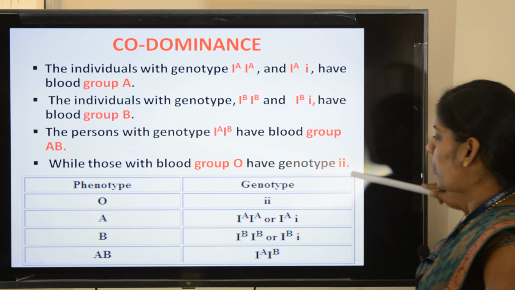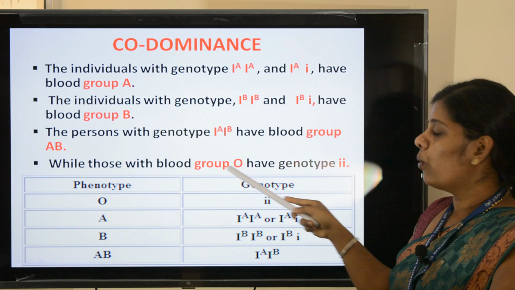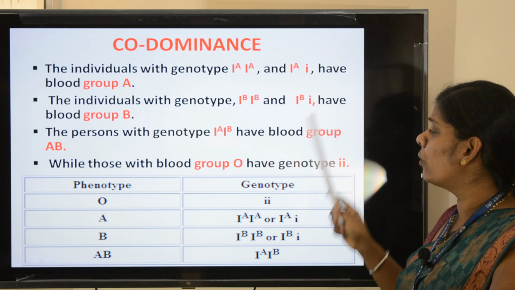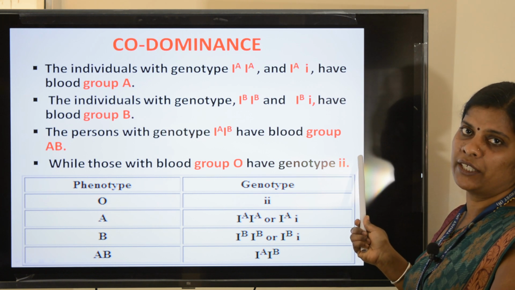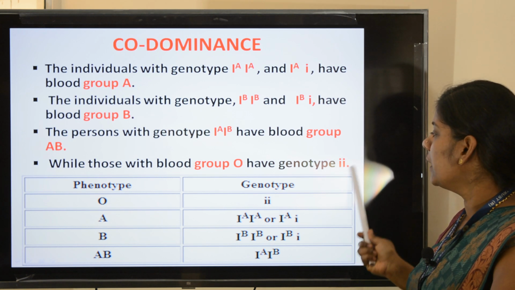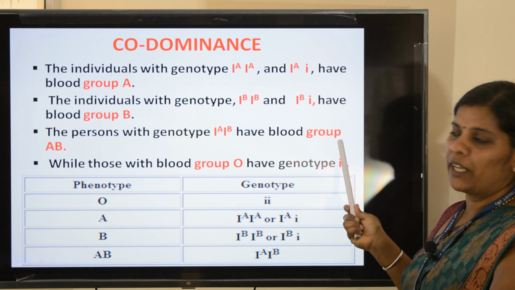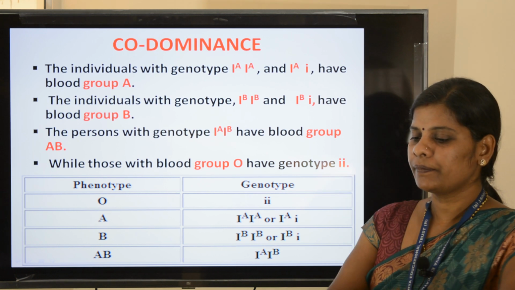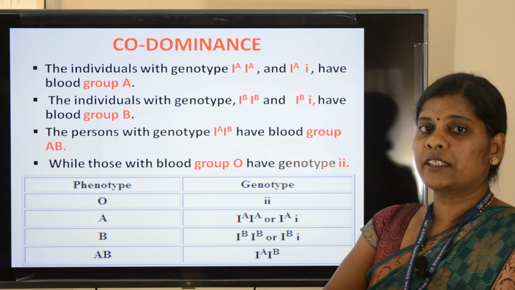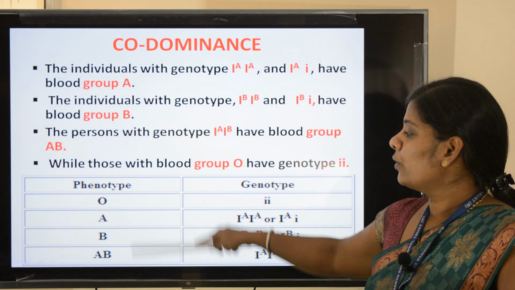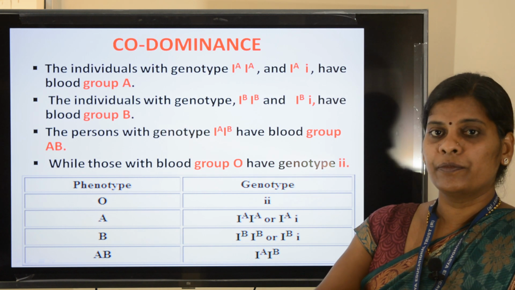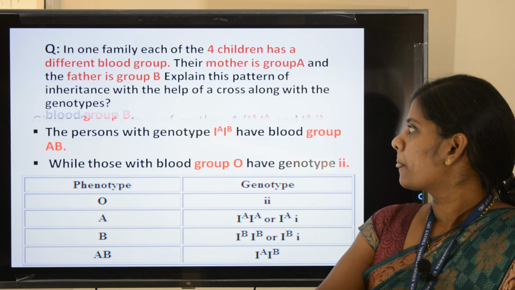Here this is very important: the recessive blood group O is possible only when the person has the genotype ii. He possesses only the small i condition. Here 6 different types of genotypes are present for 4 different types of phenotypes.